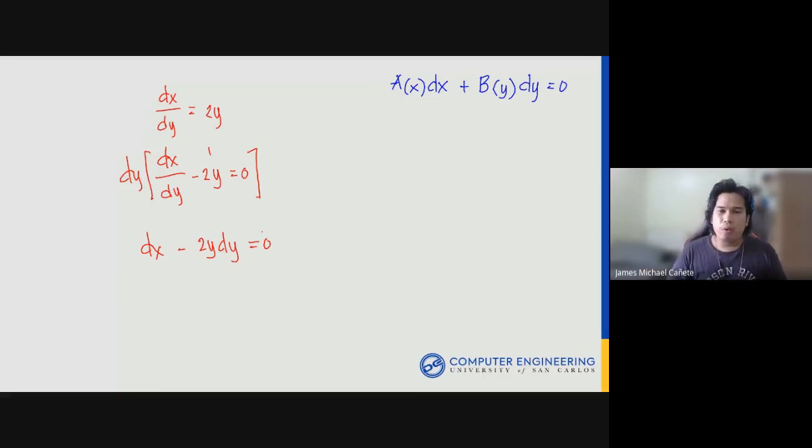The technique for variable separable equations is simply integrating the entire equation. The solution is fairly simple. We just integrate the entire equation to get the solution to the differential equation. What's the integral of dx? This is simply x. What's the integral of y dy?